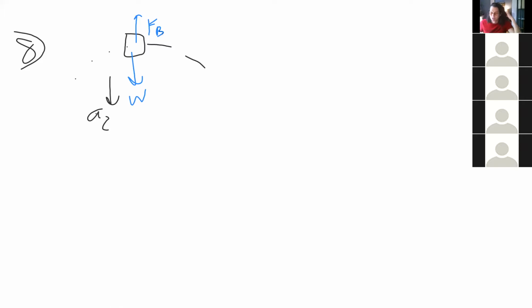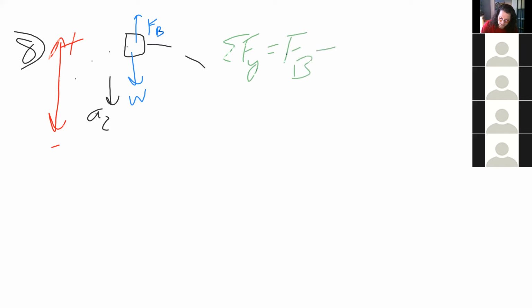Okay. So keeping in mind our usual y conventions that up is positive and down is negative, let's go ahead and sum our forces in the y direction. Acting upward, we have the force of the boom, minus acting downward, we have the weight.